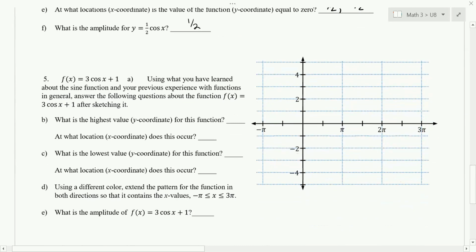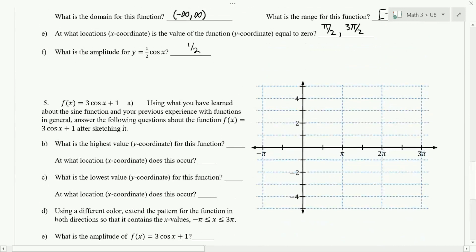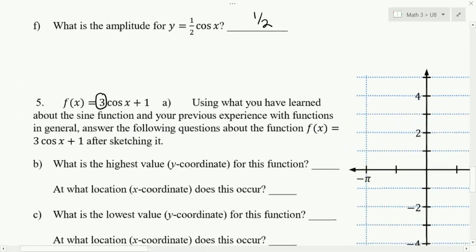Okay. So here we have the 3, which tells us what? That's the amplitude, right? And then this plus 1 moves the whole graph which way?